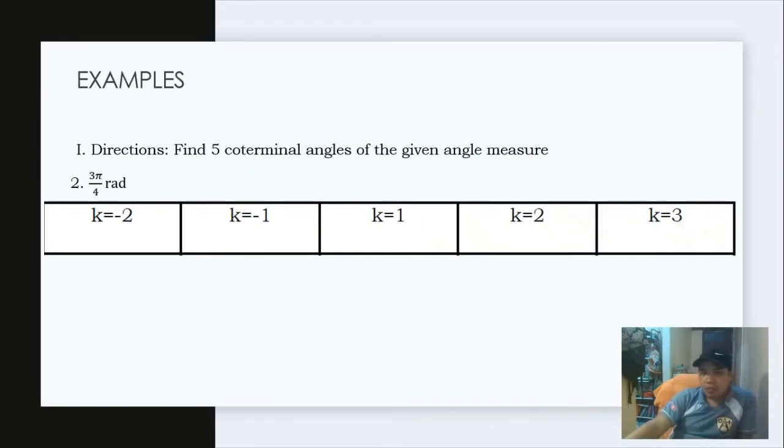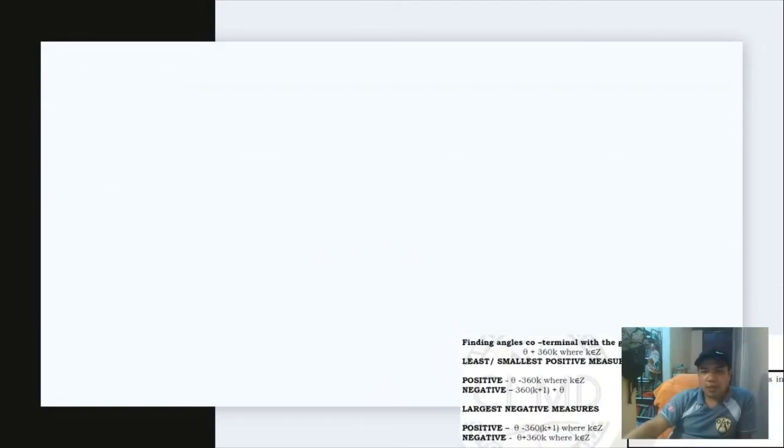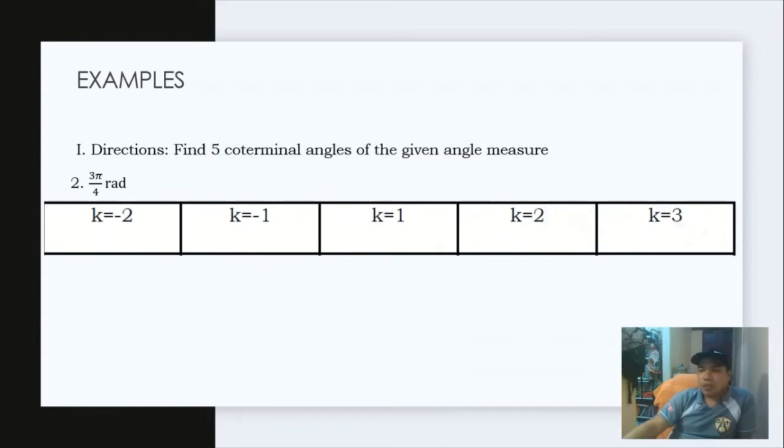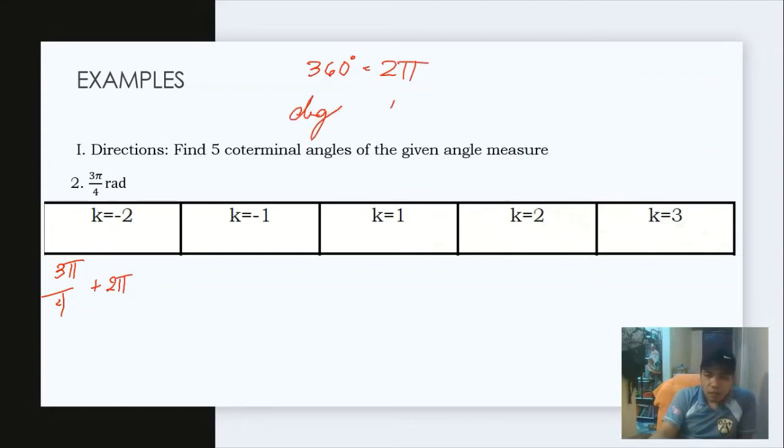Next, what if we are to find the coterminal of this given? Okay, so assume that k is equals to negative 2. So 3 pi over 4 plus 360 is 2 pi. So in terms of radians, 2 pi times negative 2.